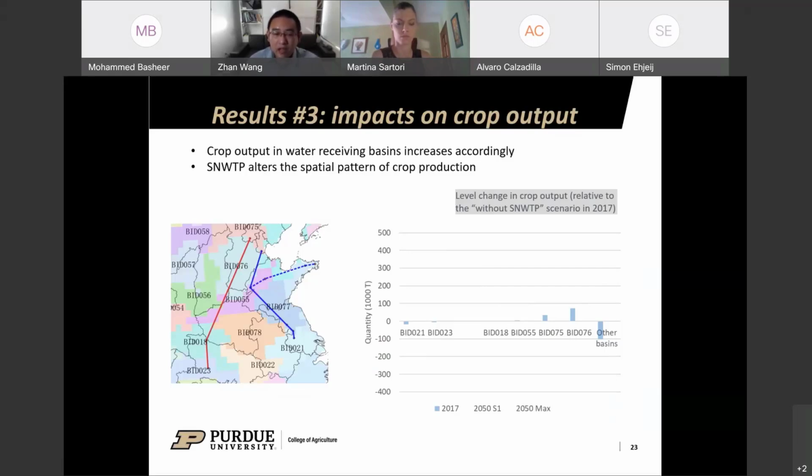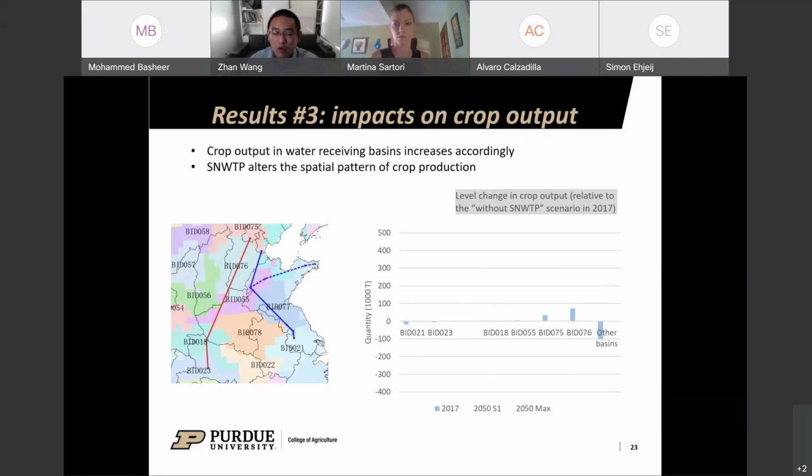This is because with SNWTP, the water receiving basins have decreased production cost, which gives them a comparative advantage in crop production. So in China, more crop will be produced in these basins. Also, in these scenarios, we set the total demand of crop to be fixed by the socio-economic driver.